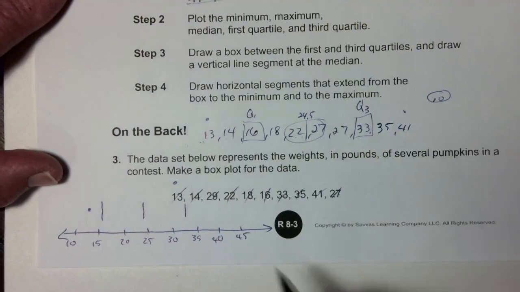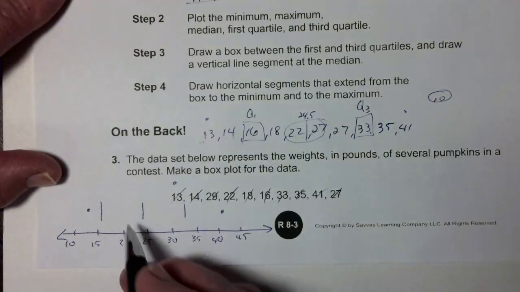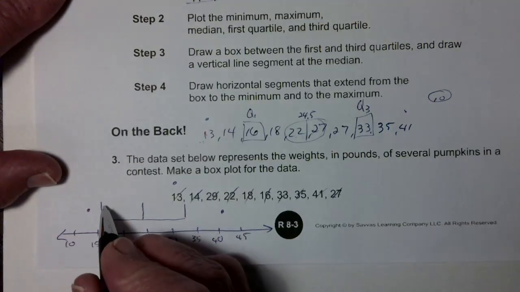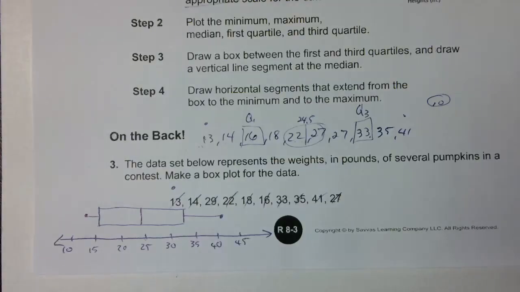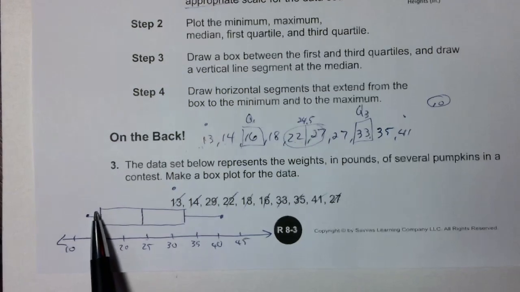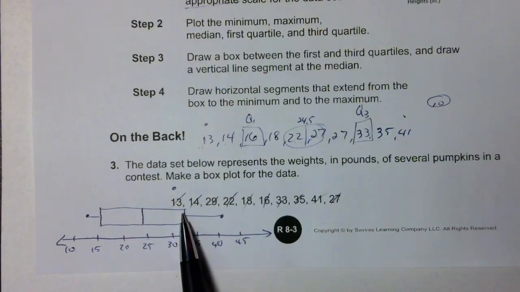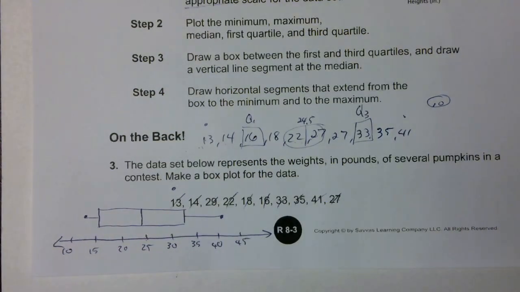And then at 41 is a dot. So I close up my box and attach my lines. And we've done the box and whisker. Minimum, Q1, median, Q3, maximum.